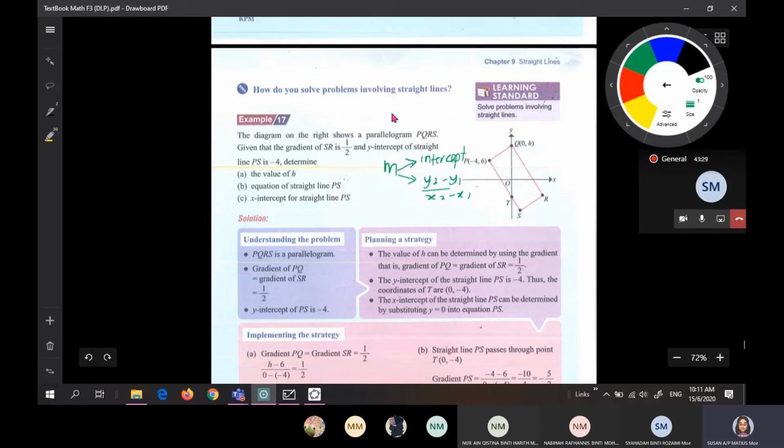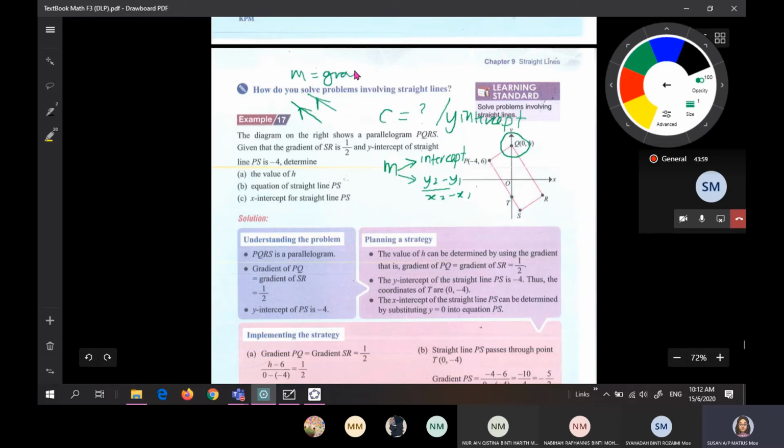Once you find m, you know how to find c. And c is also sometimes visible. If you have a graph given to you, it's visible because c is the y-intercept. So for example here, the y-intercept is going to be h. The next thing that you also learned is when there are two straight lines which are parallel, they have the same gradient.